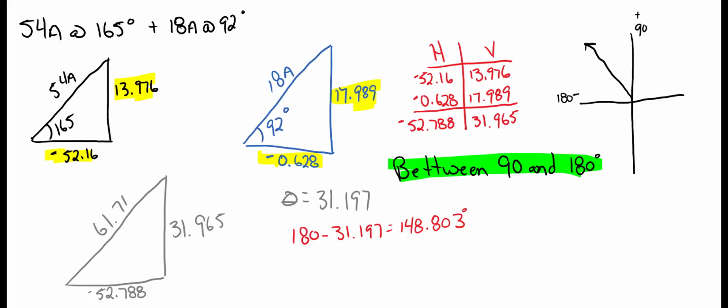So the answer for this question would be the resulting phasor would have a magnitude of 61.71 at an angle of 148.803 degrees. And that concludes part 2 of the phasor addition review.